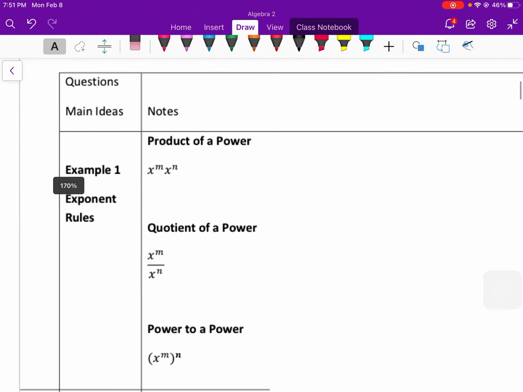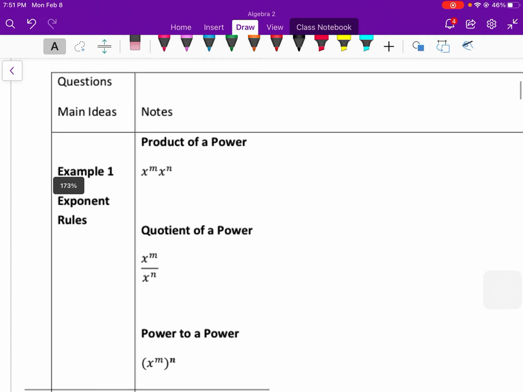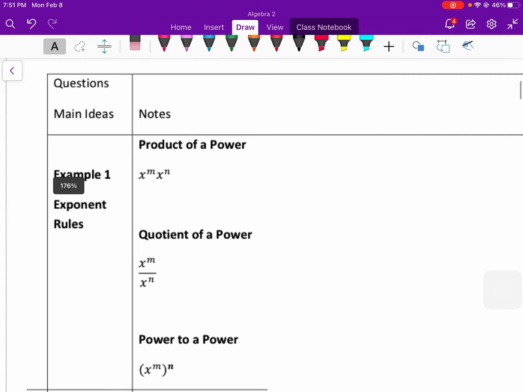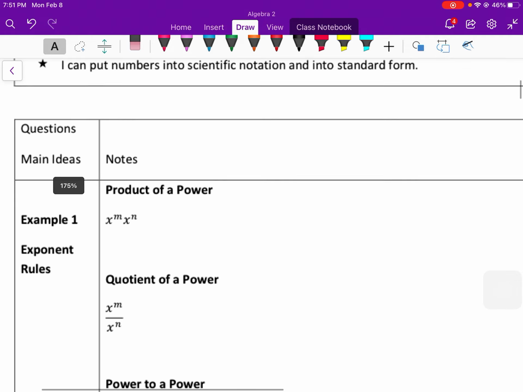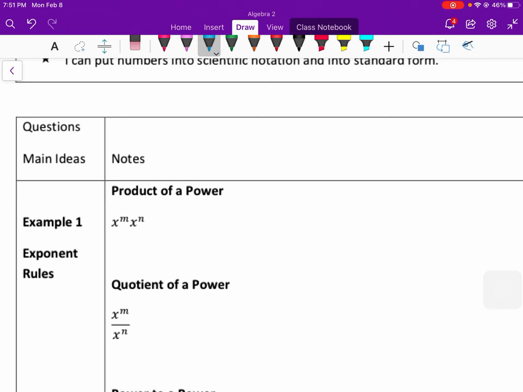So right at the top here, product of a power. And to be clear, when we look at the product of a power, if we have 3 to the power of 2, 3 will be the base, and then 2 will be our exponent.